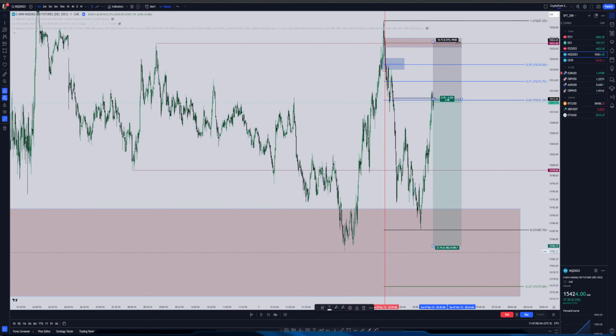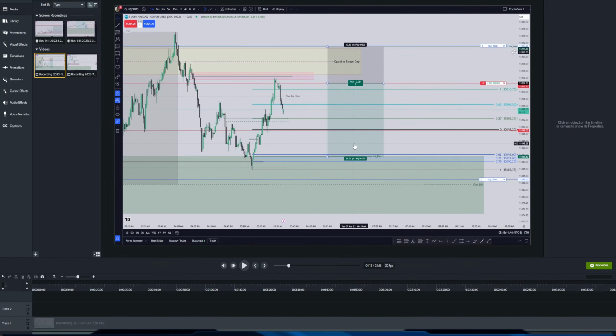So let me bring this on and let me give you guys the exact view, where the 15185 entry was, 15212.5, and stop loss was 2325.